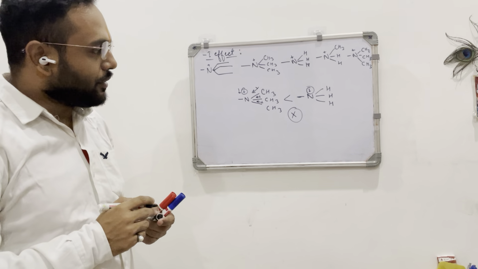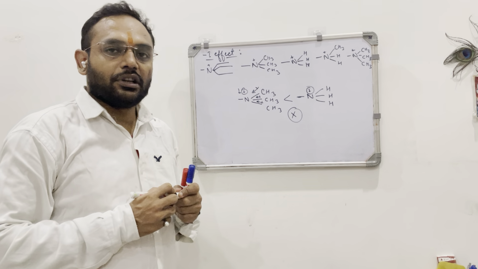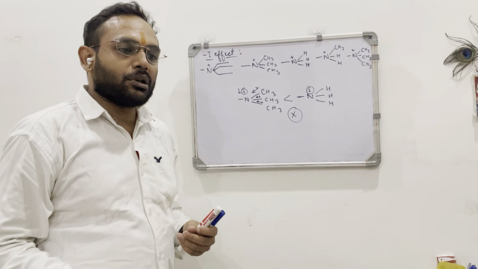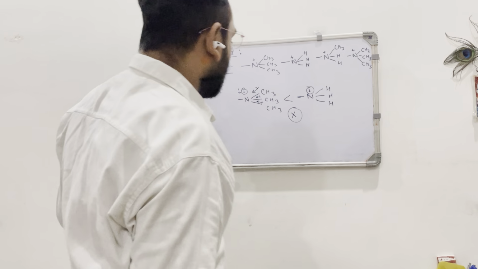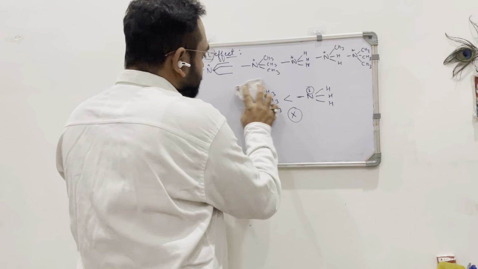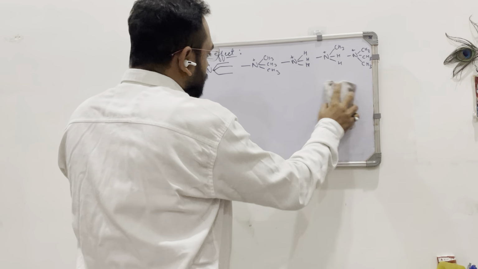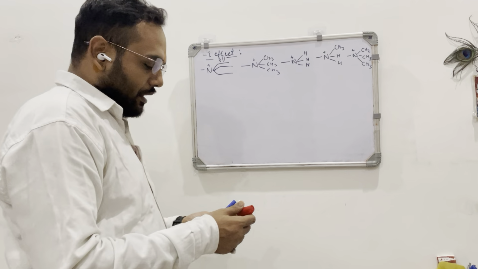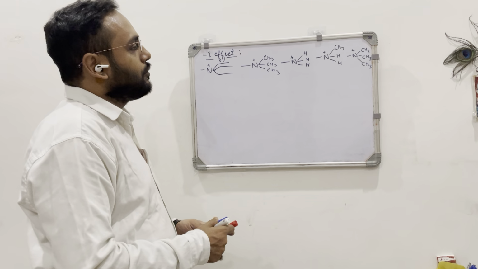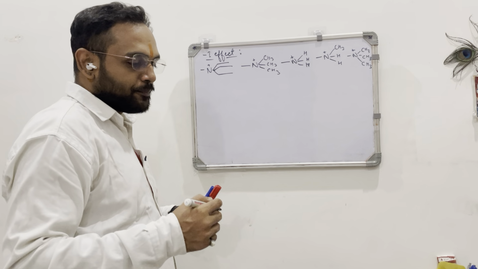And why it is wrong, that only we'll try to understand over here so that we can grasp the concept in a much better way and never forget what we have studied. What was wrong over here and what is the actual order?